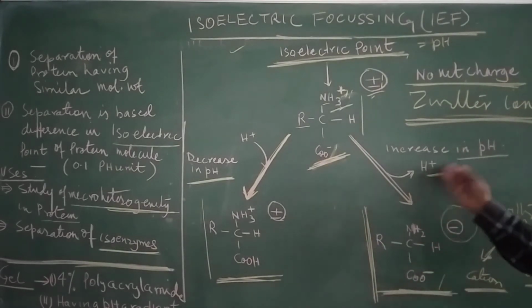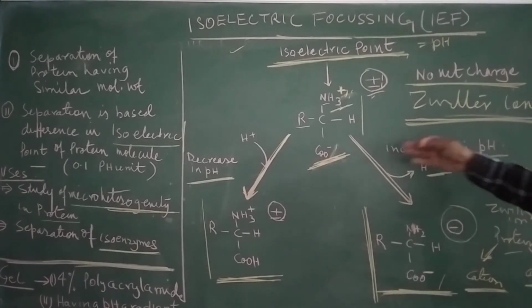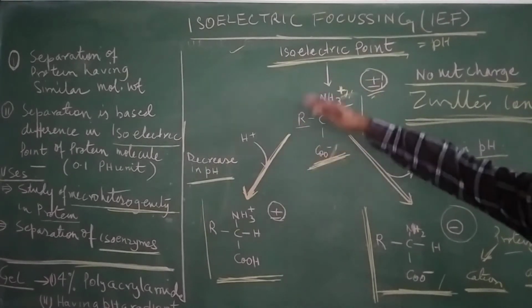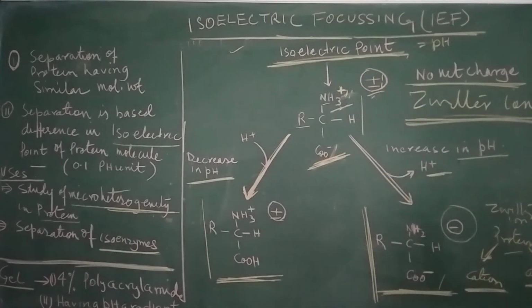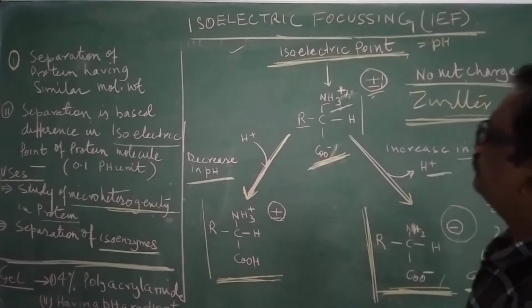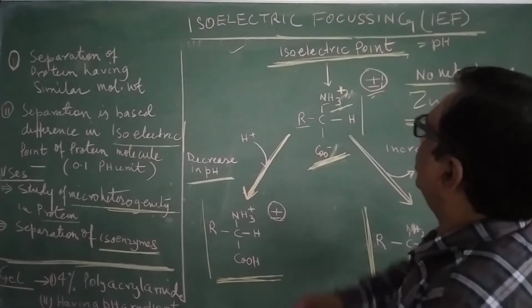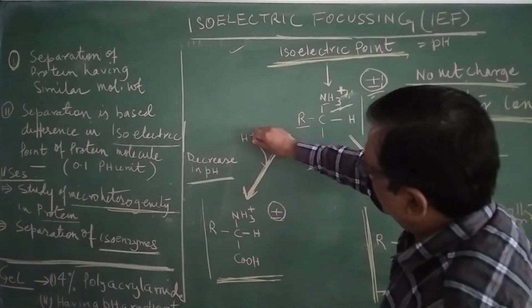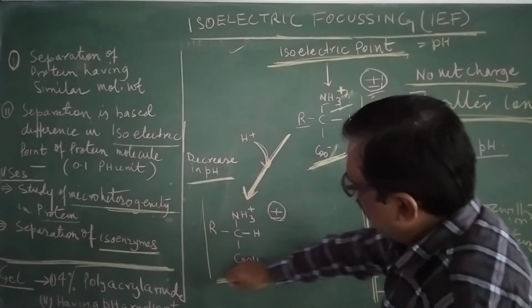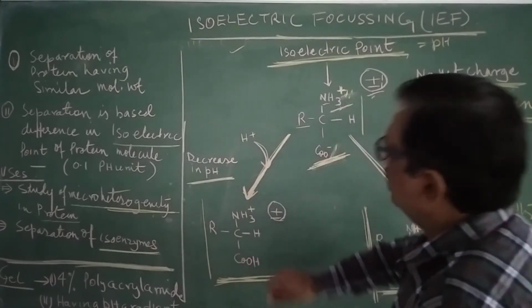That means the hydrogen ion will be released from this amino acid or the protein made of these type of amino acids, and it will convert it into an anion. In a similar way, if the pH decreases below the isoelectric point of the protein or amino acid, new hydrogen ion will be incorporated and it will be converted into a cation.